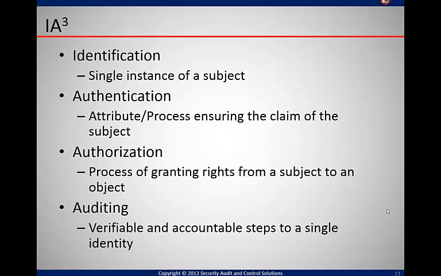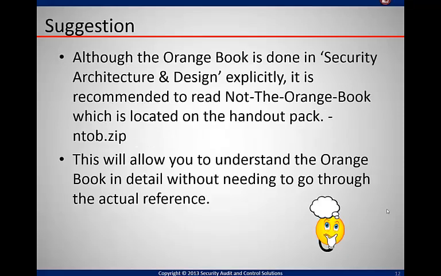And then when that user ID and password is correct, a certain process in the background, such as authorization, will take place, which is a process of granting rights from a subject to an object. Then once you log in, hopefully auditing should take place. This is really important when we look at accountability through systems at certain level of security settings. So auditing is the verifiable and accountable steps to a single identity.